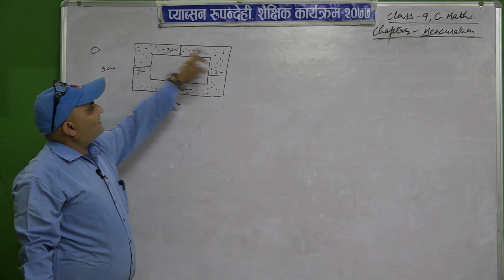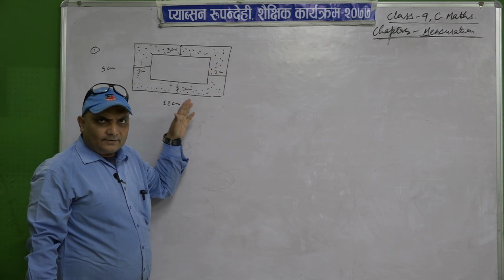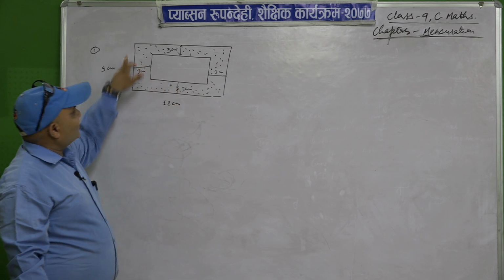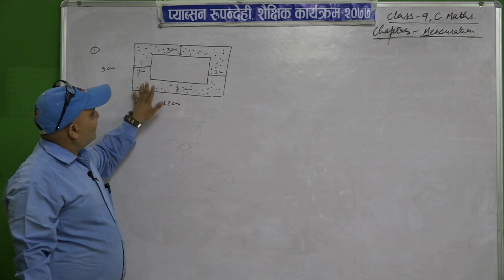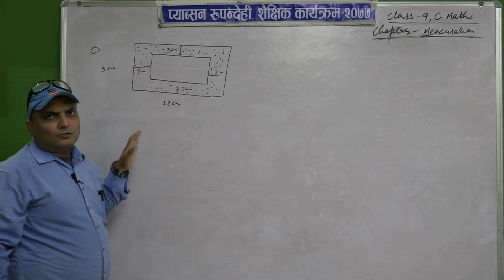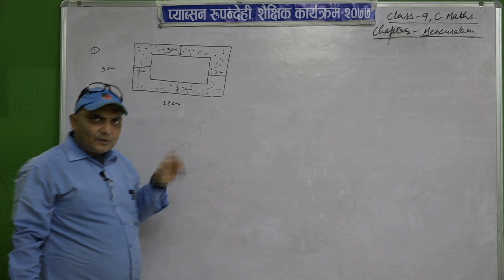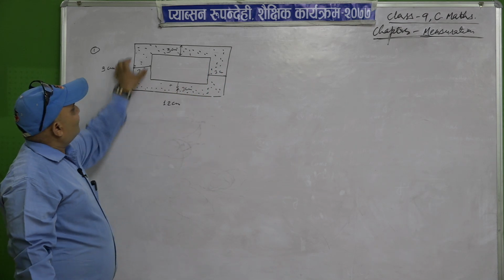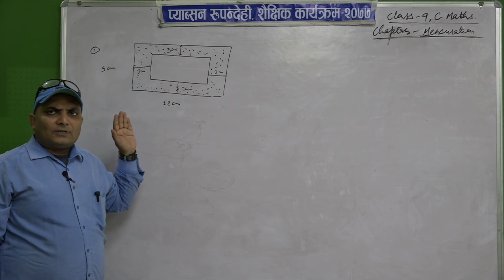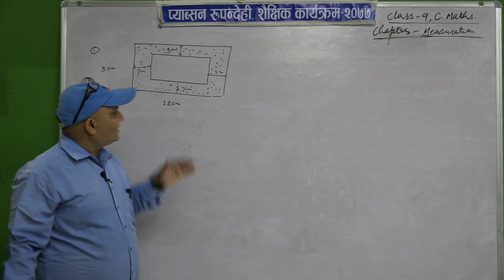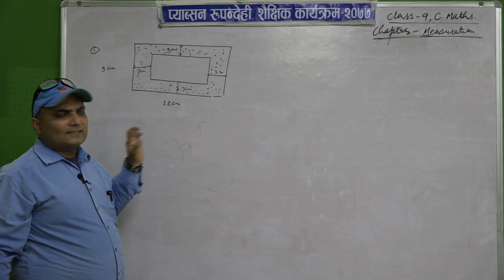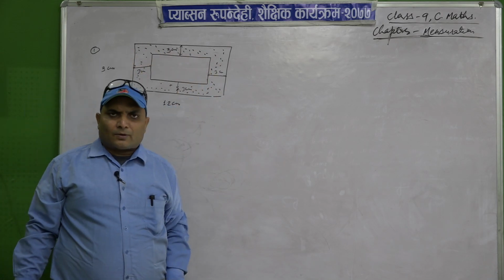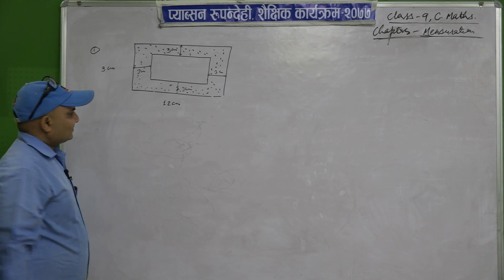Yesterday the length and breadth of both rectangles were given, but today we are given the length and breadth of the bigger rectangle, but not the length and breadth of the smaller rectangle inside it. We are given this uniform width, uniform breadth. Now in this condition, how can we find out the area of this shaded region, or you can say the area of this uniform width? Okay, it is very easy.